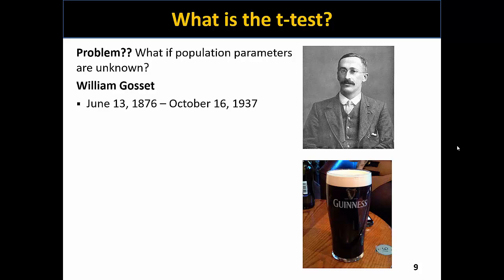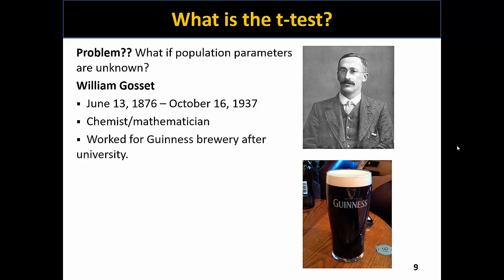William Gossett was an undergraduate student majoring in chemistry and mathematics, and soon after graduation in Ireland, worked for the Guinness Brewery right away in the area of quality control and was in the process of examining different varieties of barley in order to produce better tasting beer.